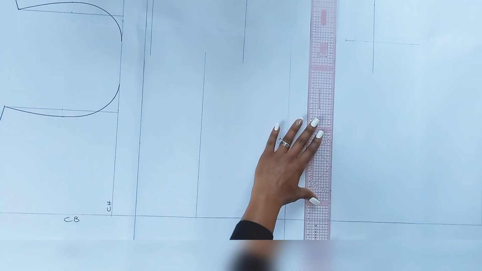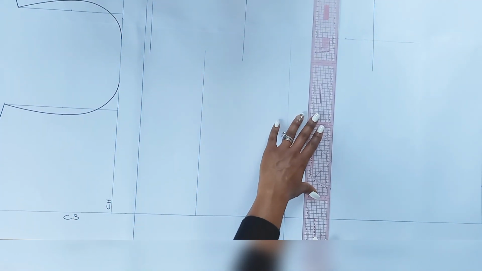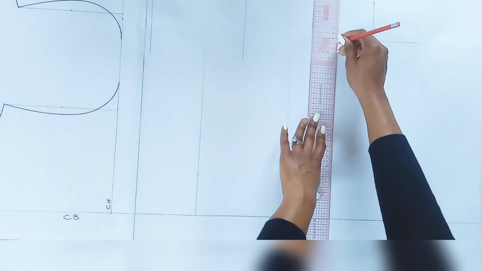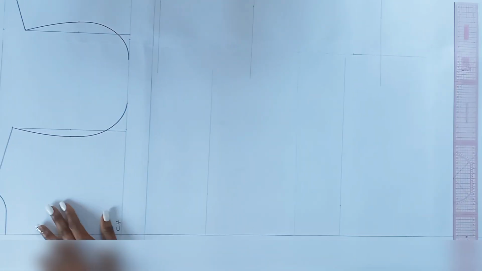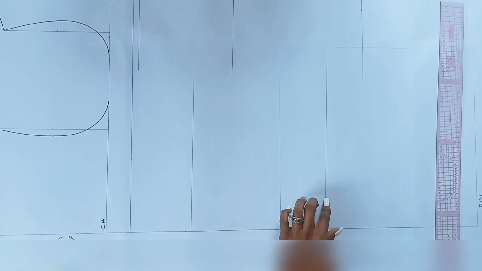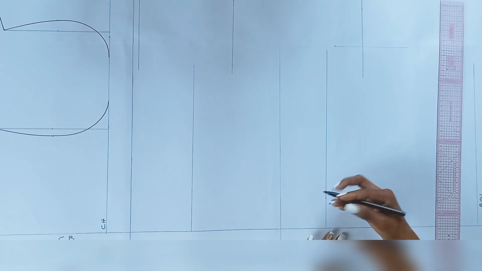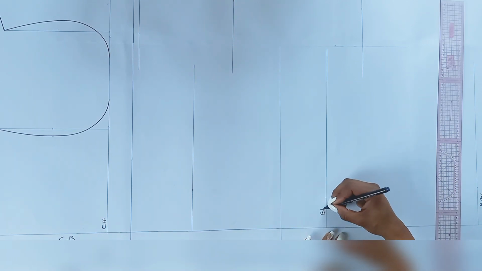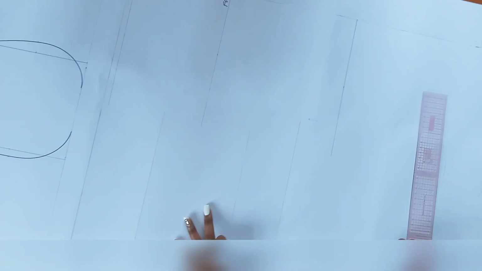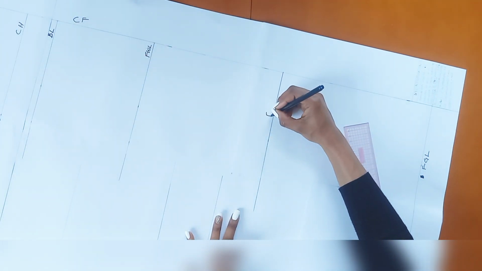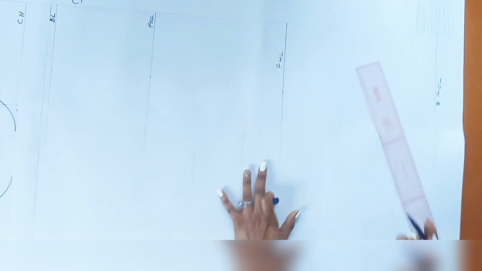Okay, so I'll rule a line across. We're going to call this our back hip line, and this is our front hip line.